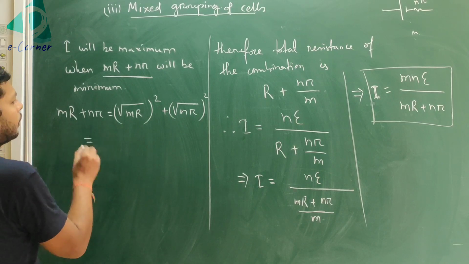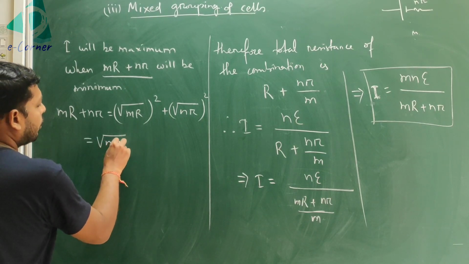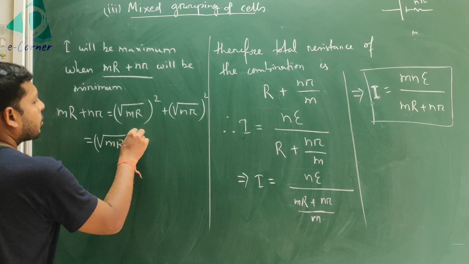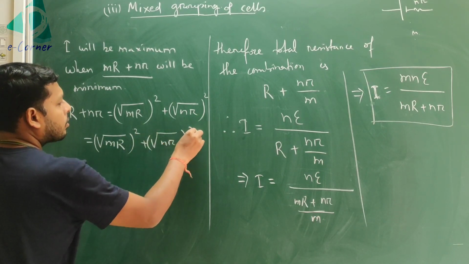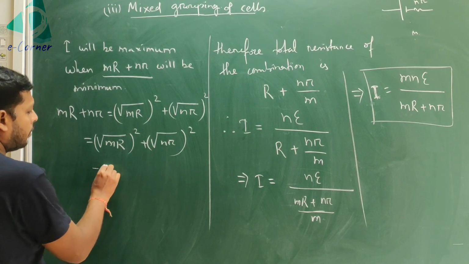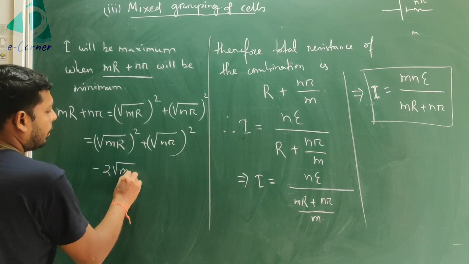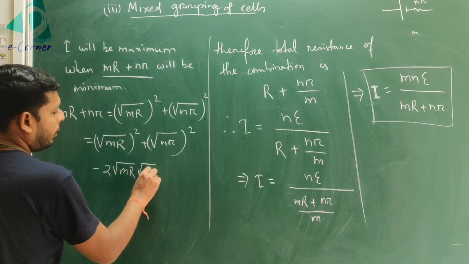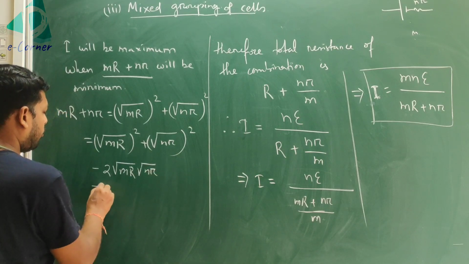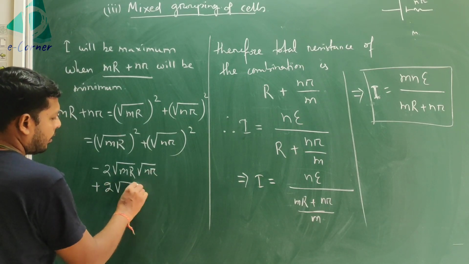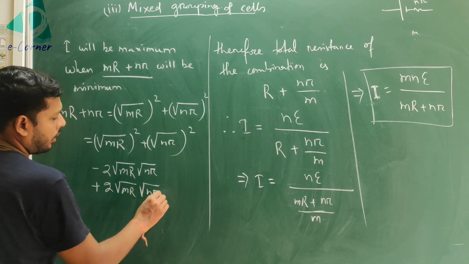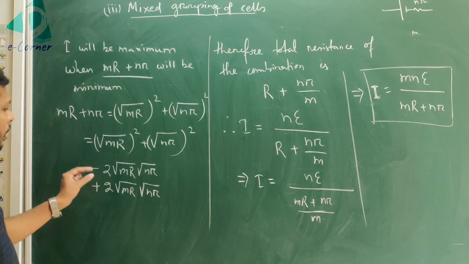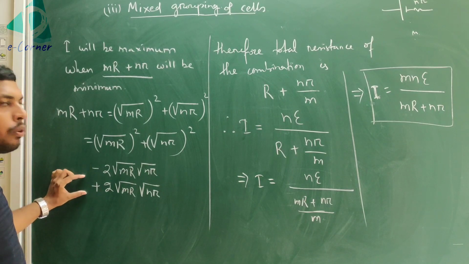This one is equal to root under mR square plus root under nr square minus twice root under mR into root under nr plus twice root under mR into root under nr. Here what did I do? Simply I added two terms.